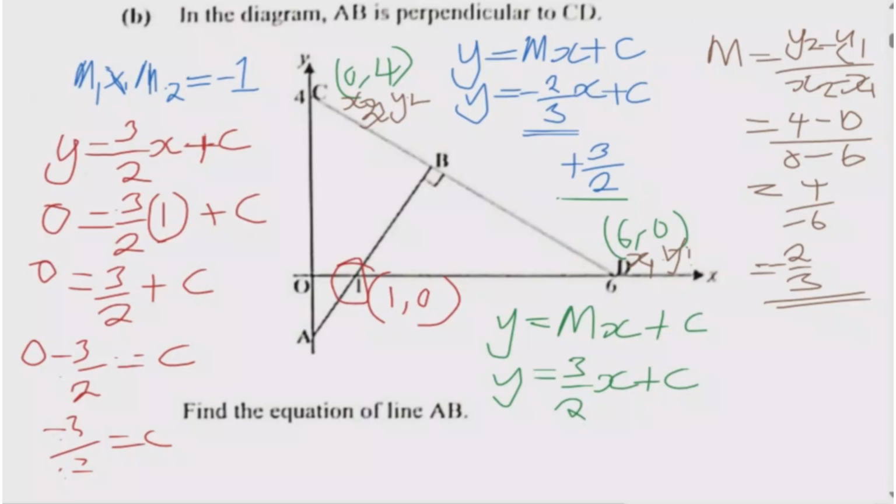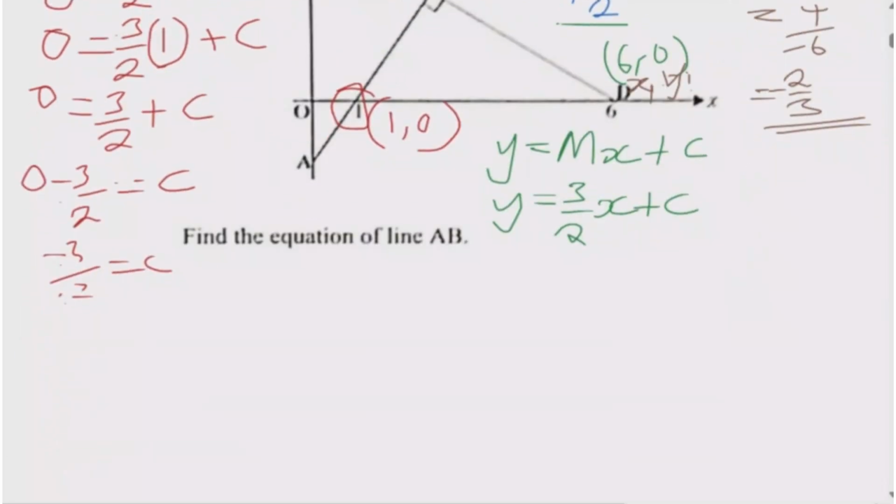Now I'm going to replace the value of c in the equation I'm making, which is y is equal to 3 over 2x plus, then the value of c I got is negative 3 over 2. That's the value I got.